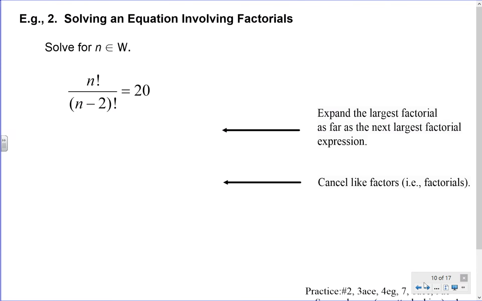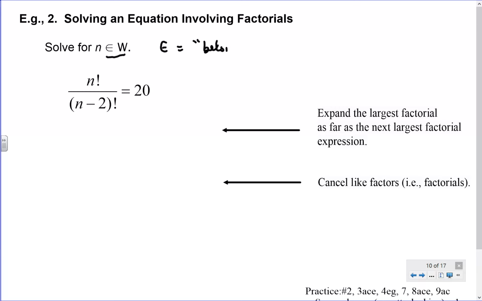Last but not least, no lesson on simplifying expressions involving factorials would be complete without some form of equation. Once in a while we do have to work with algebraic expressions. So this one here is going to ask us to solve for n. In this notation, you may have seen this before, this symbol denotes belongs to.